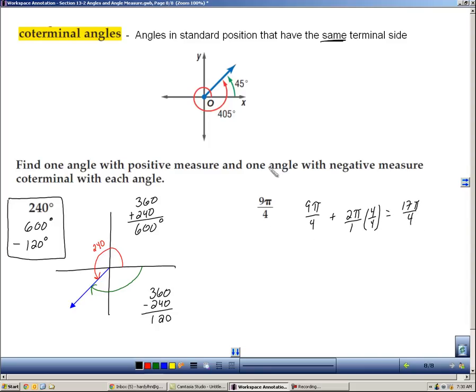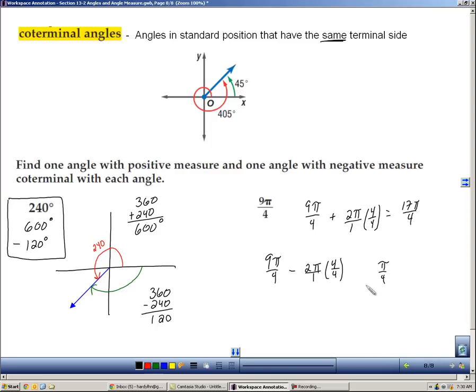Now to find the negative one, you have to realize that 9 over 4 goes into 9 twice with some remainder. So this is actually bigger than 2 pi. So this is already one complete revolution around the circle. So I'm going to take the 9 pi over 4 and I'm going to subtract 2 pi. And we know that that's going to be 8 pi over 4. So 9 pi minus 8 pi is 1 pi over 4.